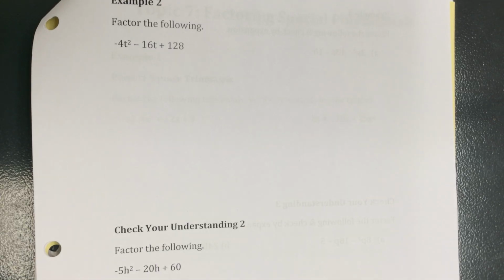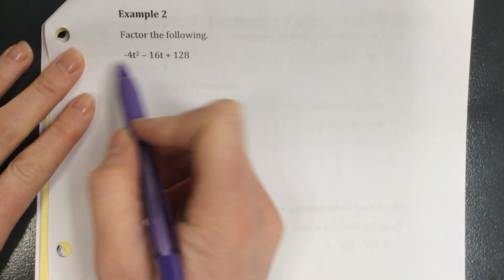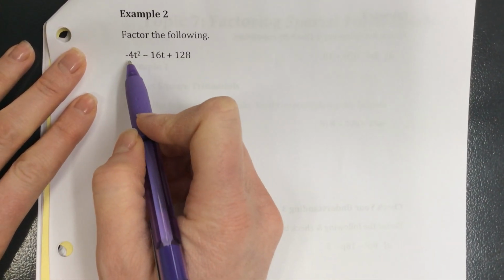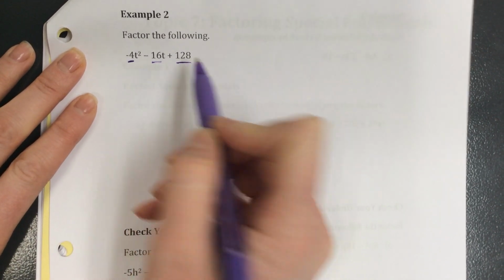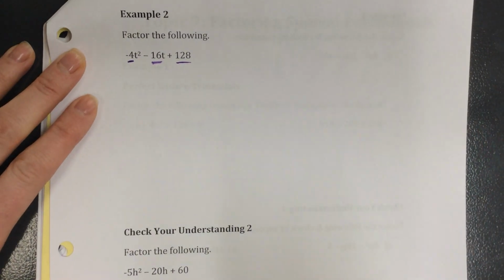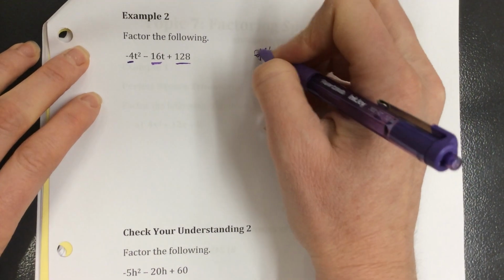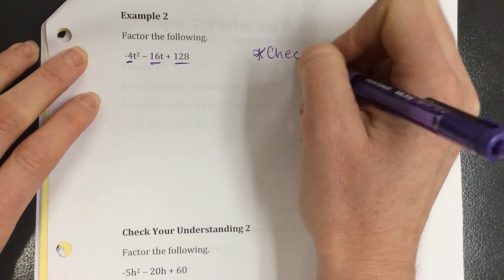So here in example 2, what you want to still be conscious of is that there might be a common factor for all 3 values. So if we think about this and look for 4, and you might have to divide this by 4 and double check, but it's a good thing to check. First of all, check for a common factor.